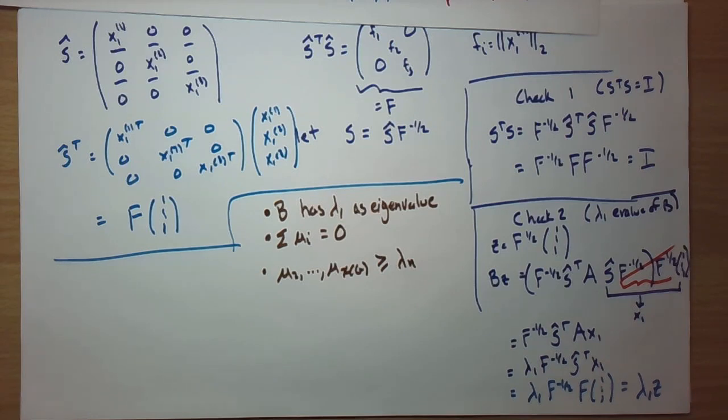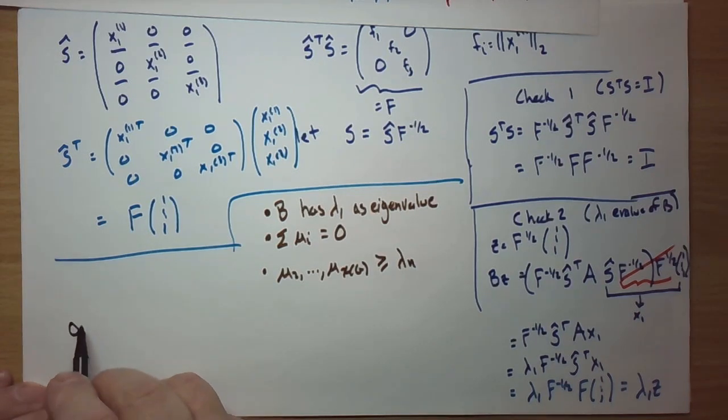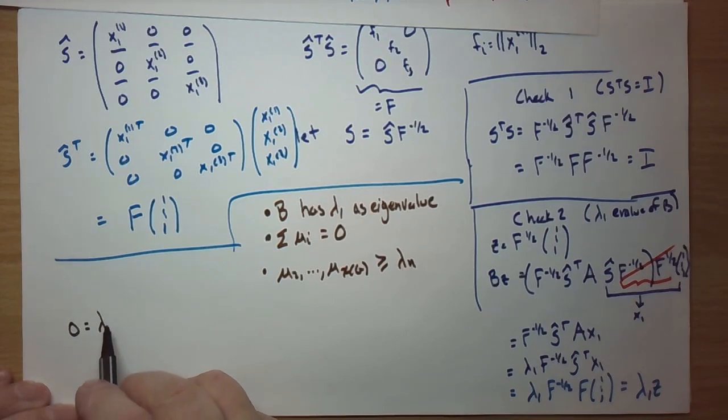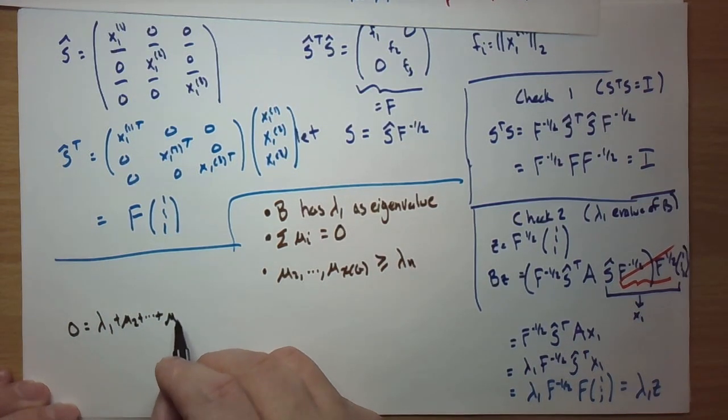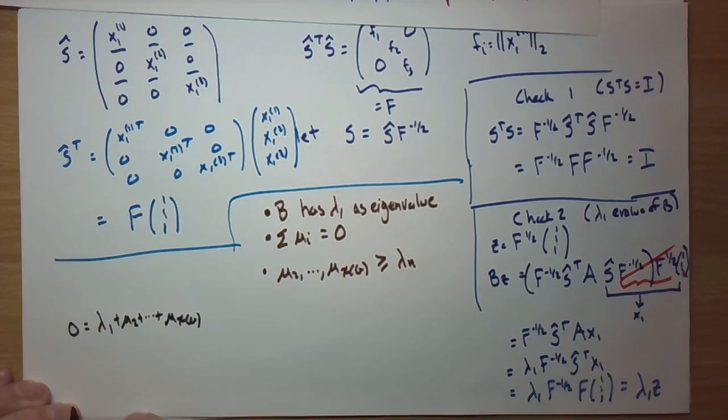Okay, so here we go. We now have that the sum of the eigenvalues is 0, which equals lambda 1 plus mu 2 all the way to mu chromatic number of G. That's the size of our matrix, the chromatic number.